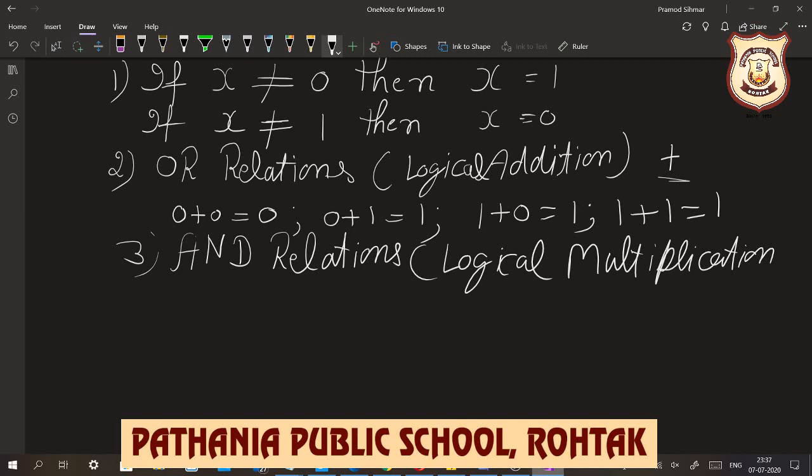OR relation is logical addition, and AND relation is logical multiplication. The symbol used for the AND relation is the multiply symbol; you can use the dot operator here. 0 multiply 0 always 0, 0 multiply 1 always 0, 1 multiply 0 always 0, and 1 multiply 1 always 1.